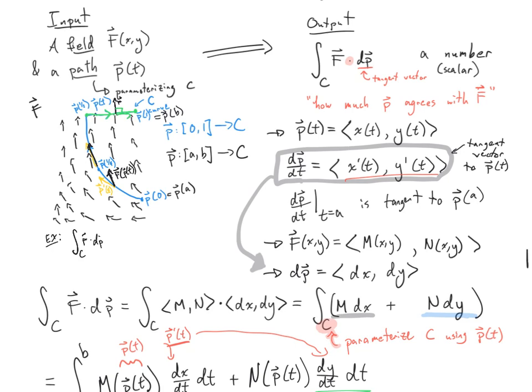So in this example, what I'm going to write is that the integral over c of f dot dp is basically equal to the blue part of the integral, from time 0 to 1/2 of f of p of t dot dp, so that's p prime of t dt.